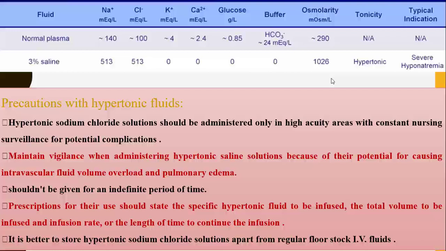It will draw water from the intracellular space, so it is used in cases of severe hyponatremia, because hyponatremia is accompanied by brain edema, so I can use this. Hypertonic sodium solution should be administered only in high acuity areas with constant nursing.